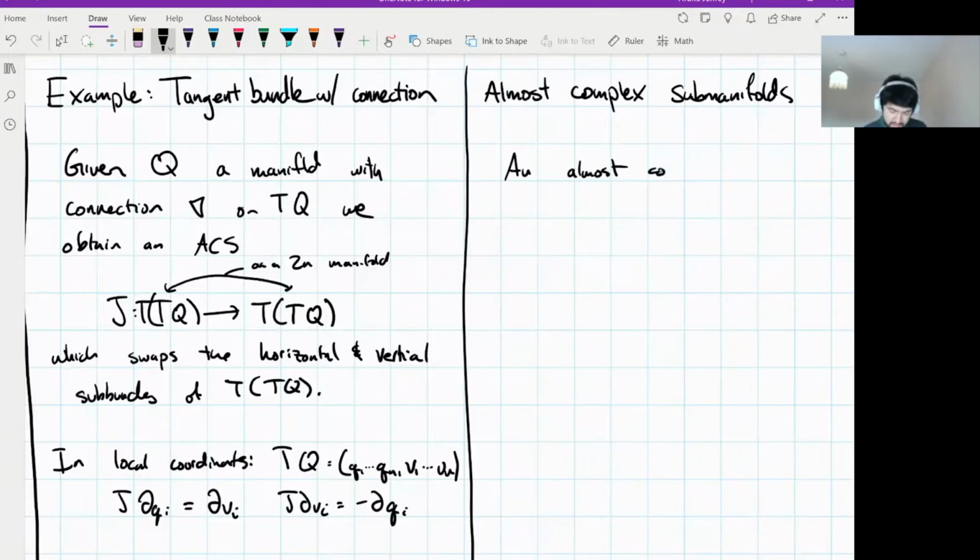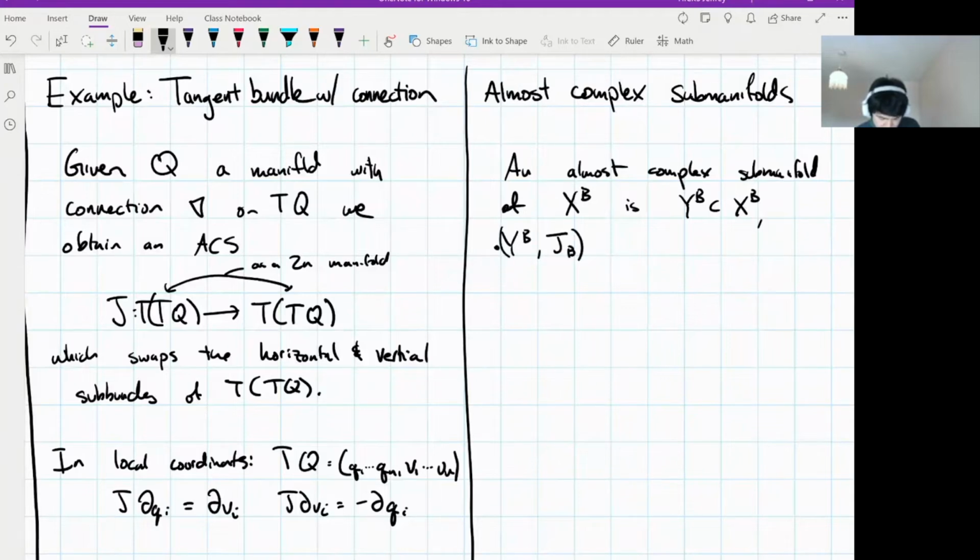An almost complex submanifold of X_B is Y_B inside of X_B with Y_B equipped with its own almost complex structure, and when I take the almost complex structure J_X and I restrict it to Y_B, I get the almost complex structure on Y.